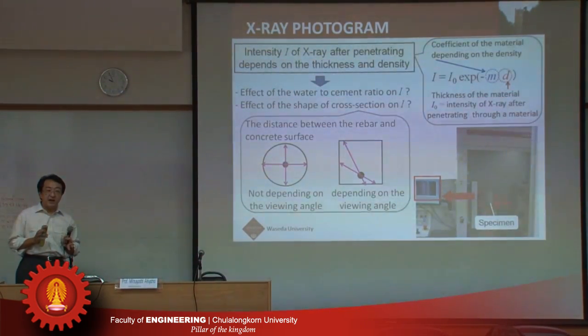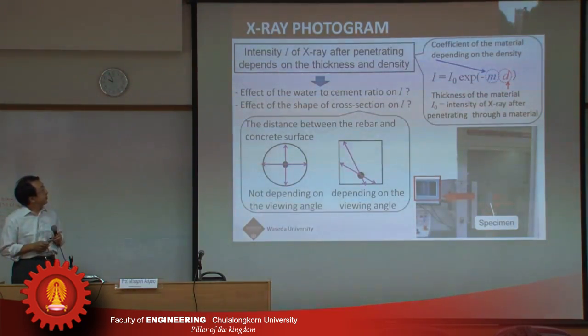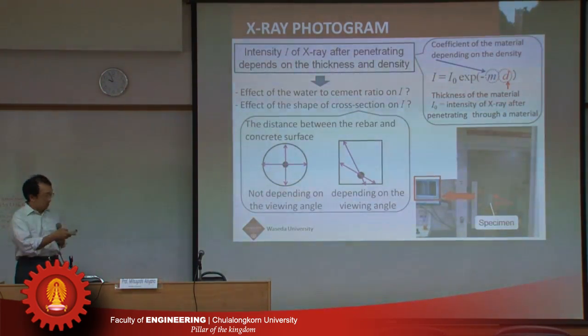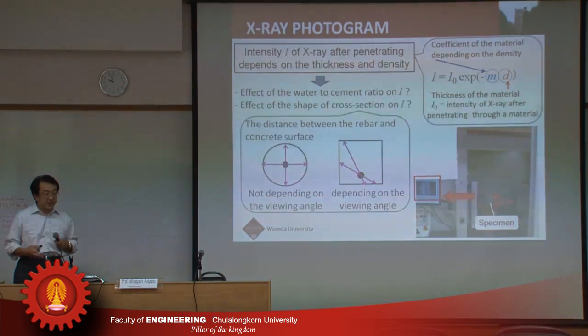So based on the differences in the intensity of each pixel, the edge between rebar and concrete can be detected by digital image processing. The intensity of X-ray after penetrating depends on the thickness and density. So the effect of water to cement ratio and the effect of the shape of the cross-section on the intensity need to be investigated.